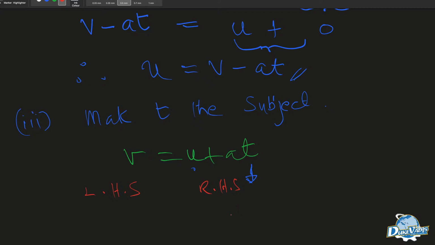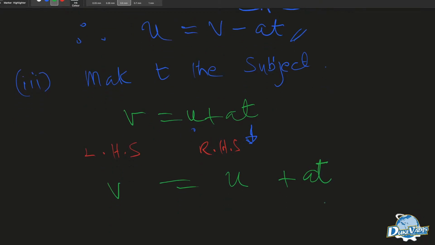Okay, so our equation given was V equals U plus AT. You see? So we subtract U from both sides of the equation, so the AT can stand alone, then we can deal with it. Okay, so now we subtract AT here, and we subtract AT here.